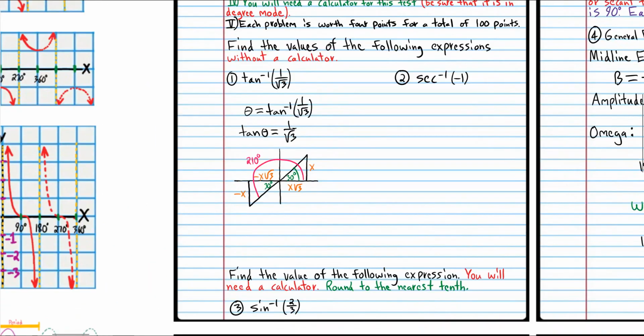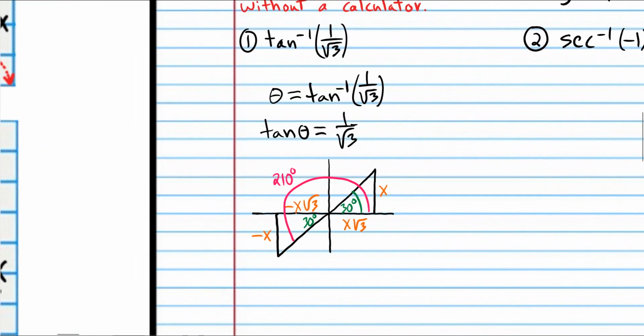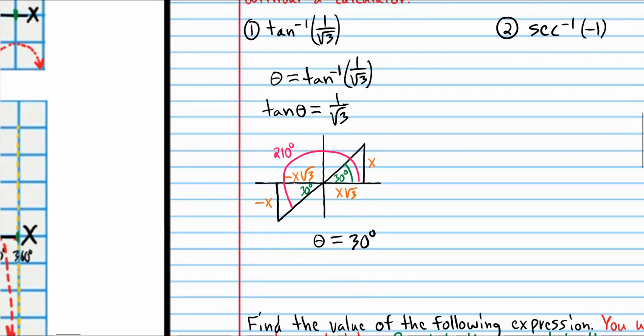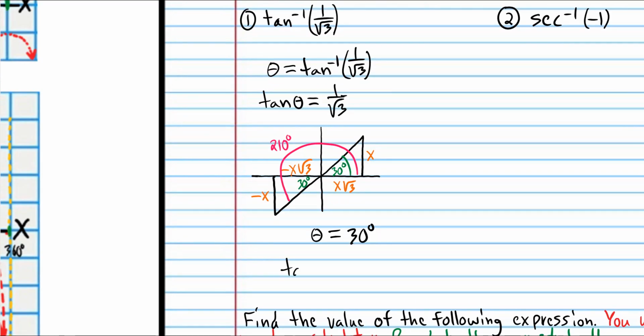So that means that the answer has to be the green 30-degree angle that terminates in the first quadrant. So theta has to be 30 degrees. So we can write a final answer here, tangent inverse of 1 over root 3 is equal to 30 degrees.